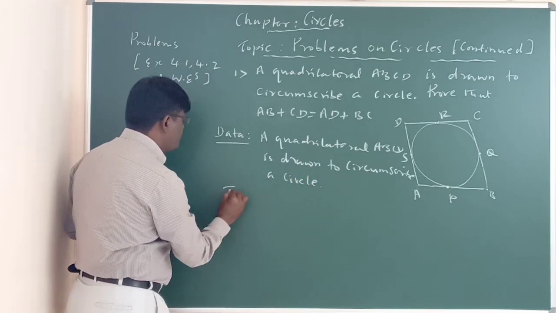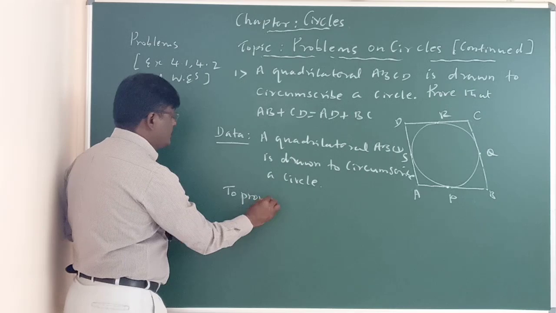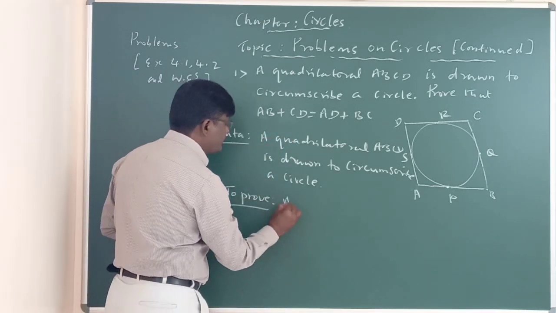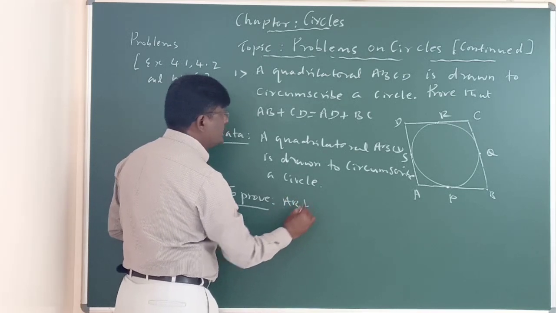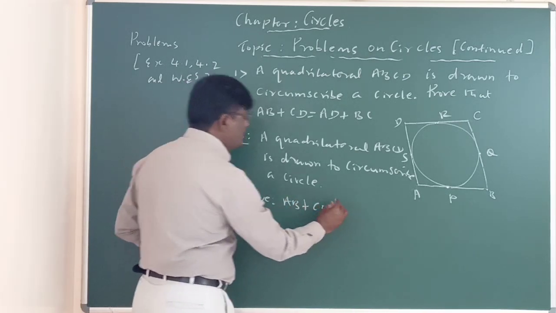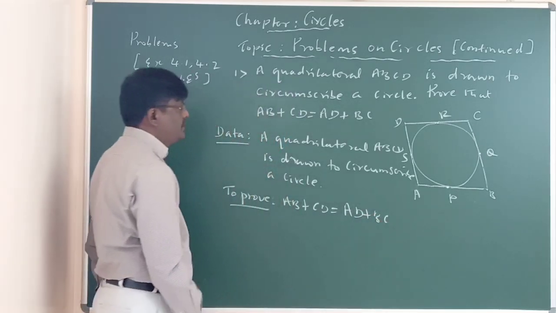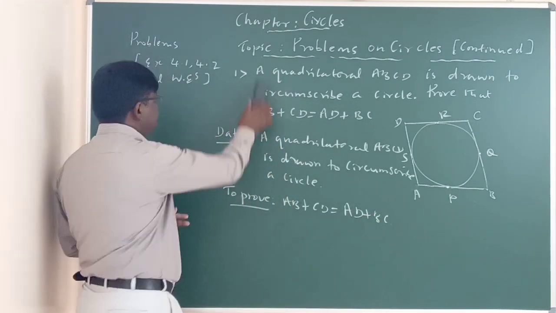Okay. Then points to be proved. To prove is very clear: AB plus CD equal to AD plus BC. Okay, proof.